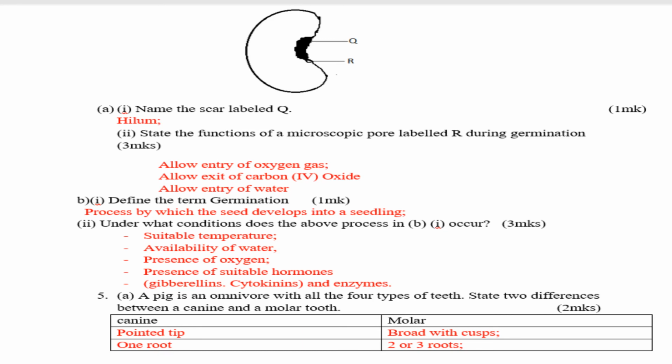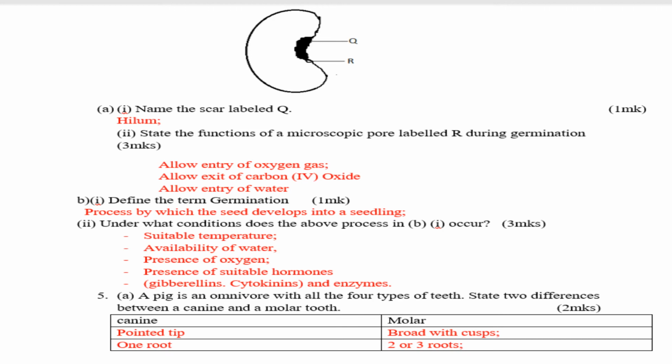This one is also a very common question. You can get it in your exam. So we have drawn a table here. We have canine, and then on the other side we have molar. You can answer this way.